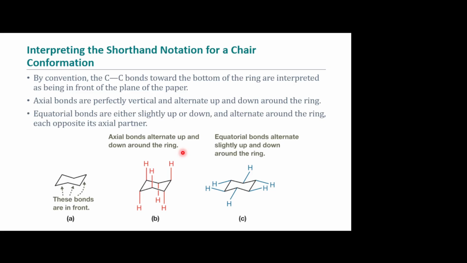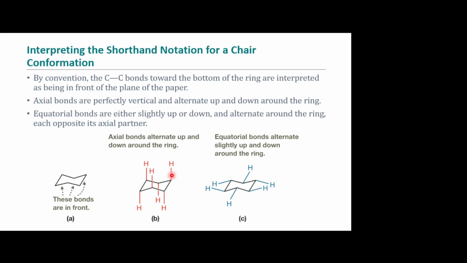So if you have one up, that's your axial, then the next is axial in the opposite direction. Okay? And then this one's axial, and it's in the upward direction. And axials always alternate back and forth. Now in a 6-membered ring, it's even, so that it wraps back around. Okay? And it works perfectly. Everybody see it okay?